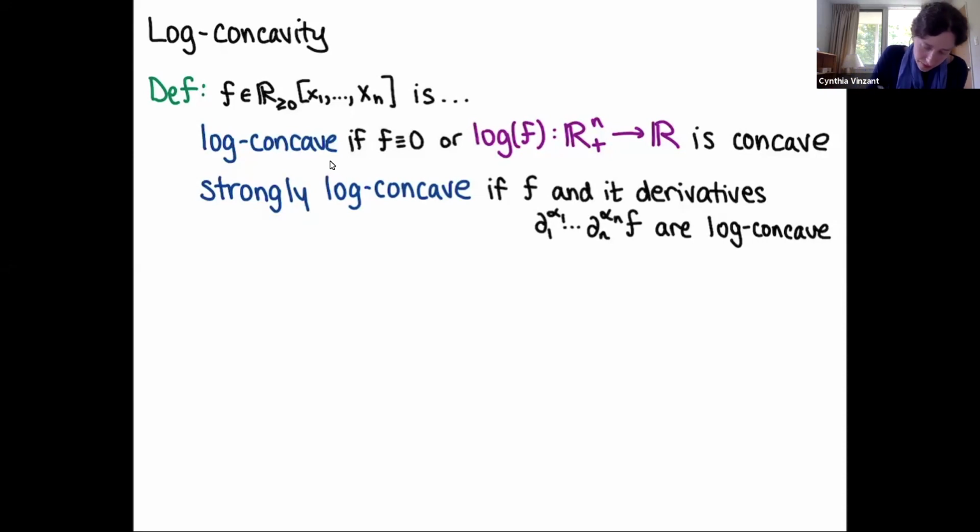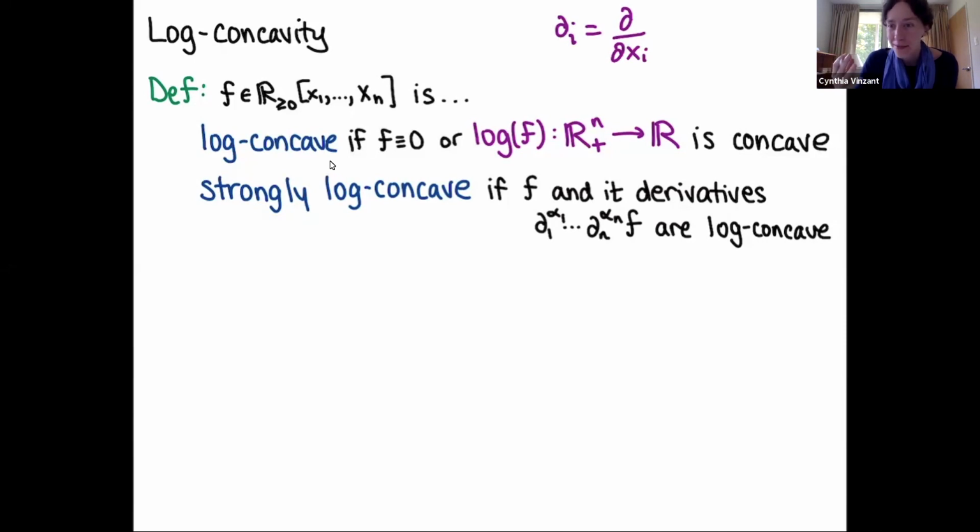Here I am writing the shorthand: D_i is taking the derivative with respect to variable x_i, and I'm allowed to do that any number of times with respect to any number of variables.